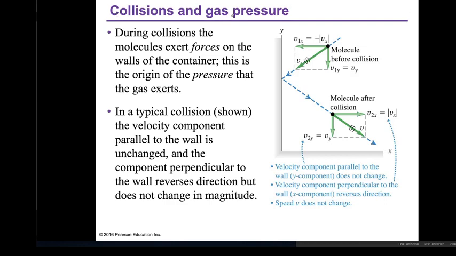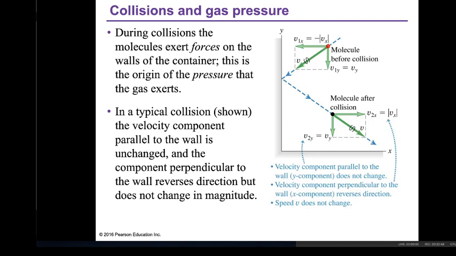So first, collisions and gas pressure. Here shows a collision. This is one ideal gas molecule. It's moving towards the wall, and after hitting the wall, it's moving back. The molecules exert force on the walls of the container.